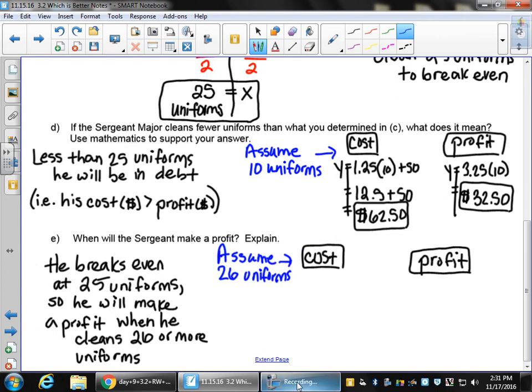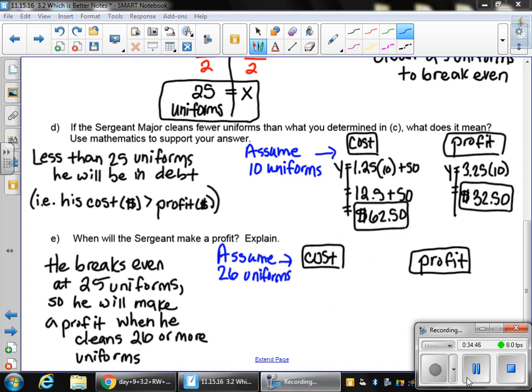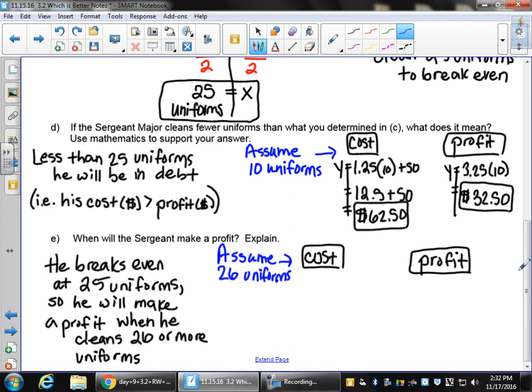Go ahead and pause right here and calculate cost and profit for 26 uniforms. Cost will be y equals 1.25 times 26 plus 50. 1.25 times 26, $32.50 plus 50 is $82.50. That's what I got.